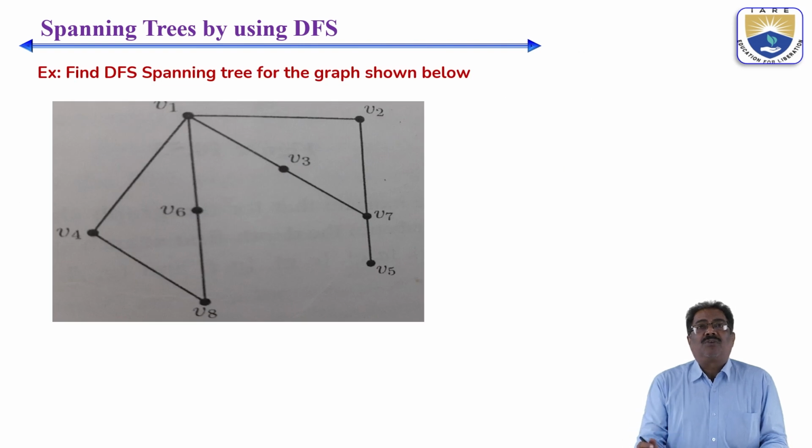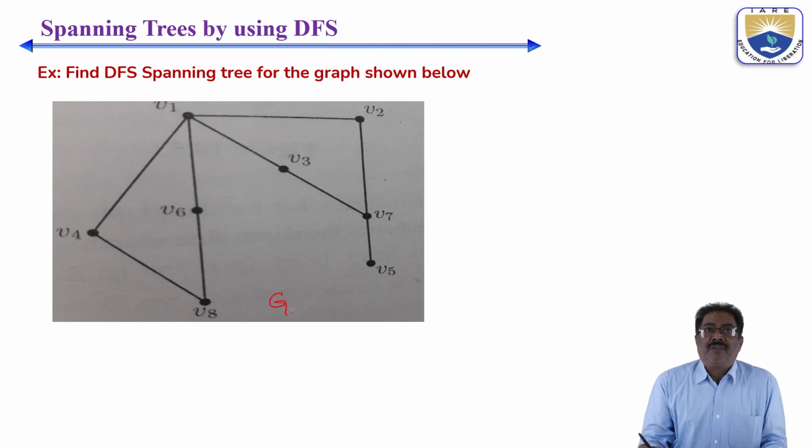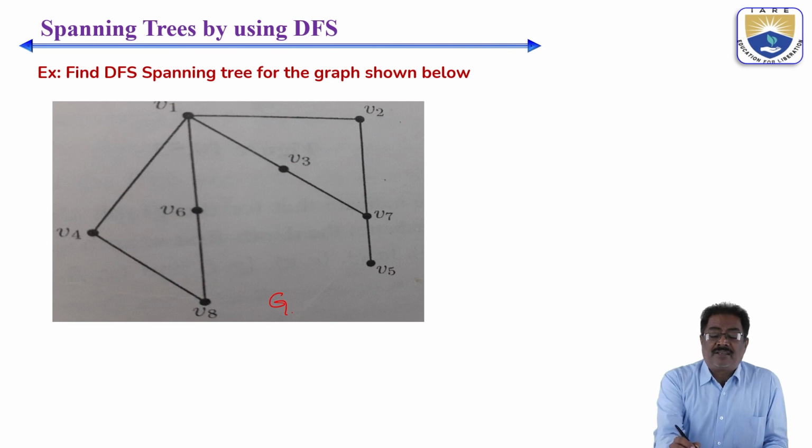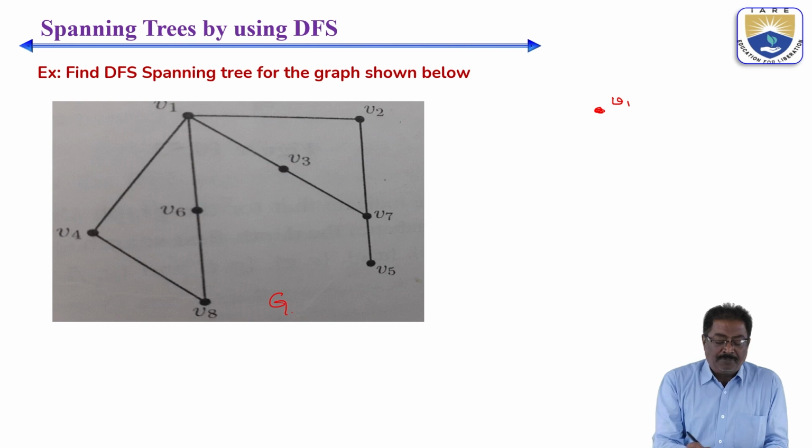Now let us go for finding the spanning tree by using DFS for this graph. Let us say G is the graph. Let us start with one vertex, let us say V1 is the starting vertex. From this there are so many adjacent vertices.